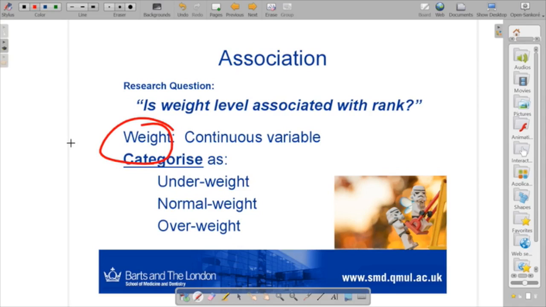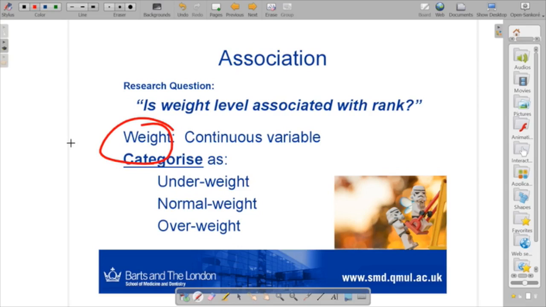It goes on a continuous scale from any number to any number. So the weight of a person can't be less than 0, can't be 0, but it could be any number up to, say, some maximum ever recorded.